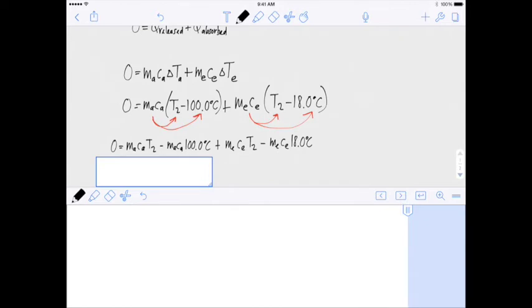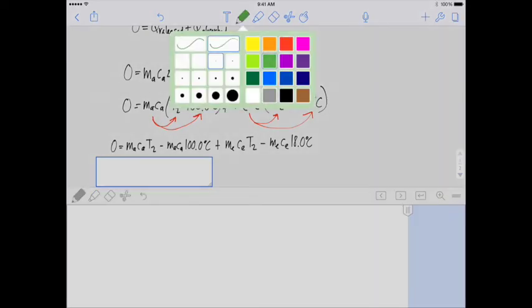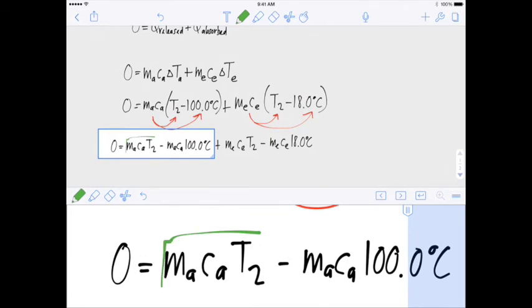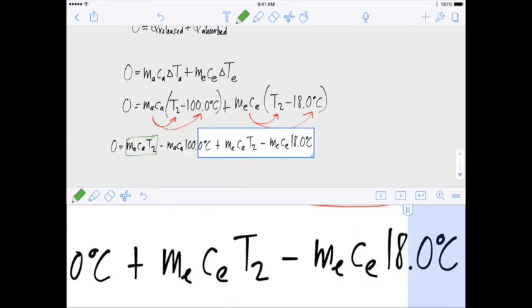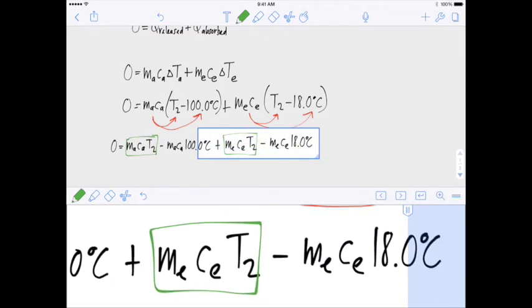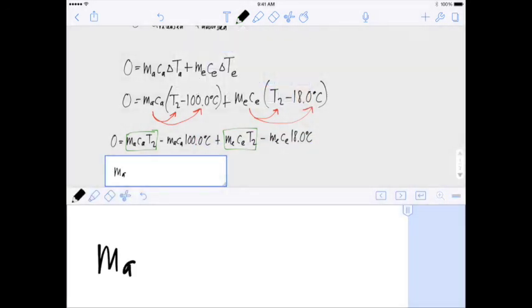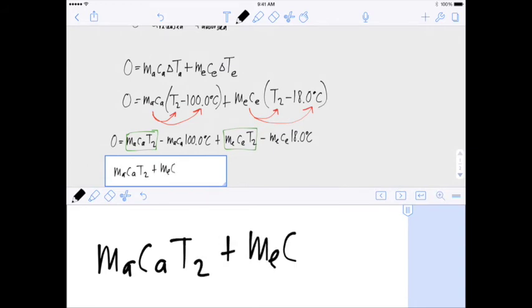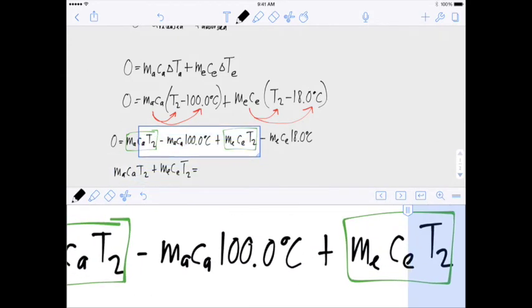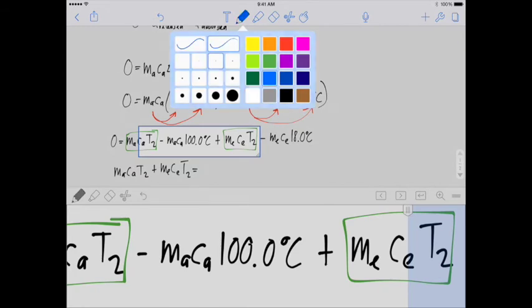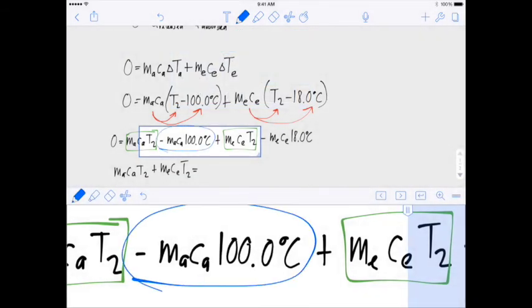Our next step in solving this is to collect like terms. So we're solving for T2. This term has a T2, this term has a T2. Everything else we're going to send across the equal sign. So we end up with MACA T2 plus MECE T2 equals, and when we bring these terms over, they will become positive.